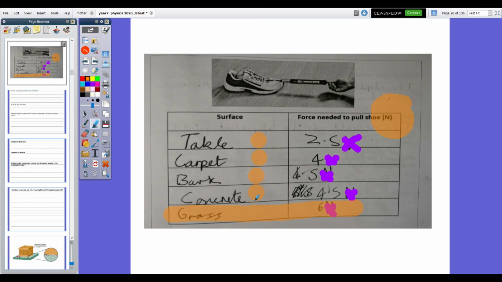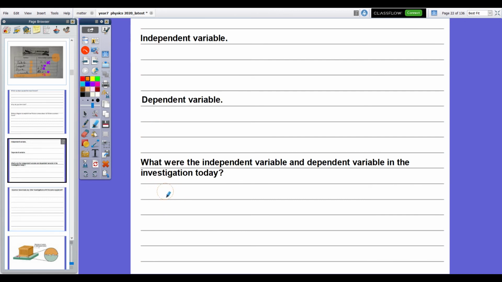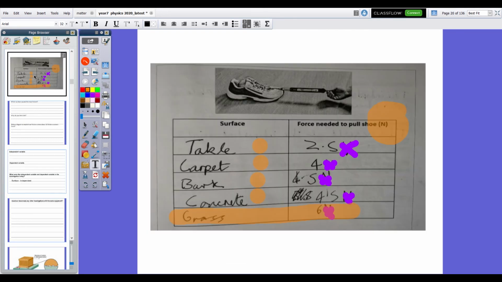So in this investigation, the surface was what I would call the independent variable. And when they changed the surface, they kept the shoe the same, they kept the weight of the shoe the same, they needed different amounts of force, and that's just what came out of the investigation. No one decided it, that's just what came out.